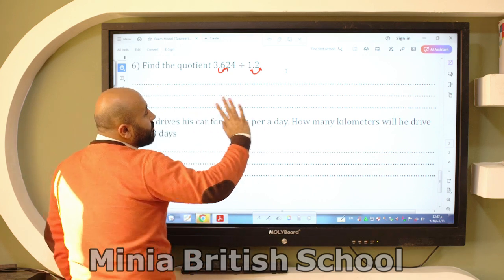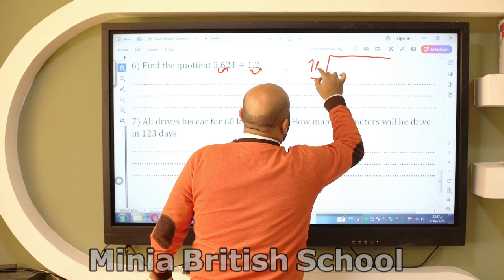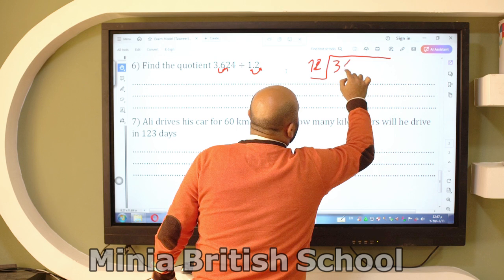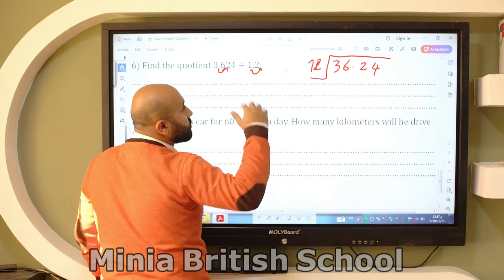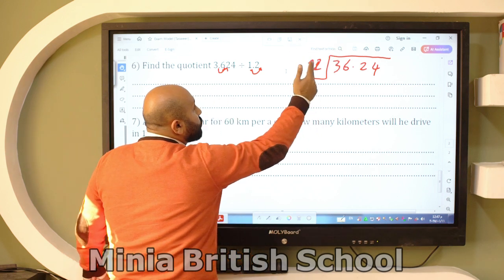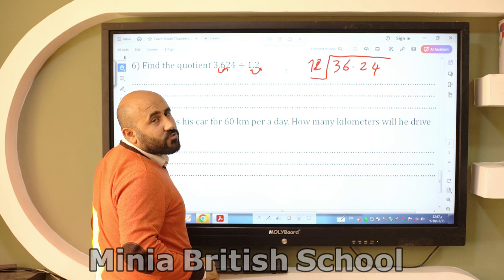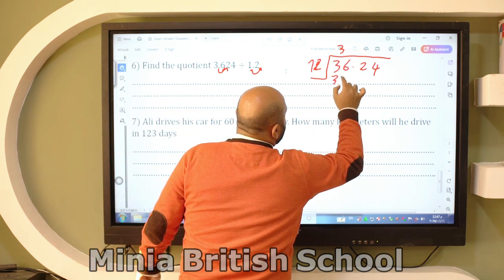And let's make our division. I have 12 as the divisor and 36.24. Okay? Ask yourself, what is the number times 12 that gives me 36 or less than it? And I think you guessed it right. 3. 3 times 12 equals 36.